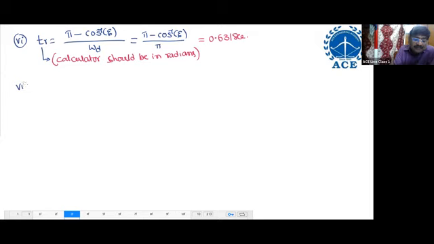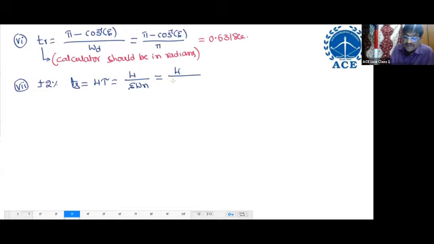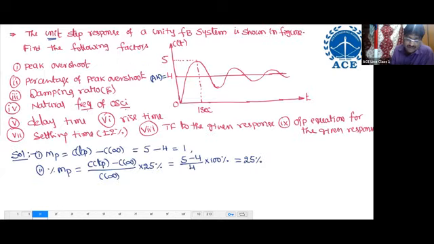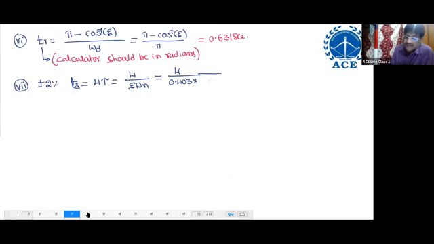Next, the 7th one: settling time for plus or minus 2%. What is settling time for tau? That is 4 by zeta omega n. Come and solve it. 4 by zeta omega n means 4 by zeta 0.403, omega n is 3.43.